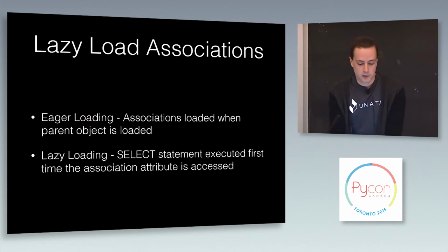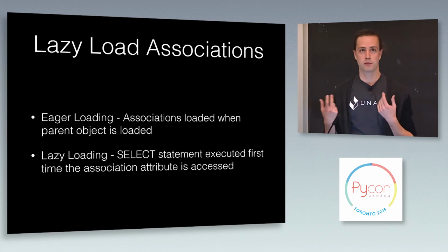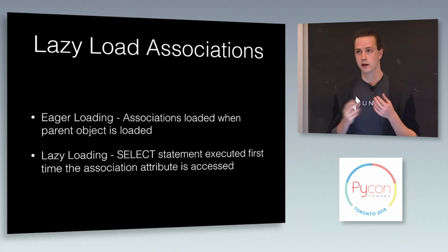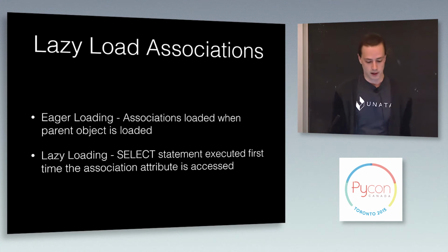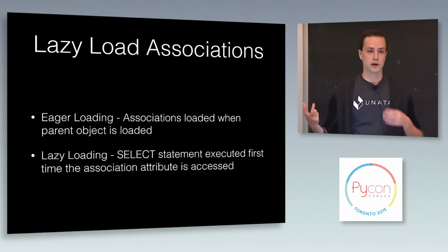The next one I want to talk about, which is related, is lazy loaded associations. I think these things can be really confusing sometimes. For those of you who don't know, lazy loaded associations come up when you have an ORM object with a relationship to another object, whether it be many to one, many to many, or one to many. There are two ways of loading those relationships.